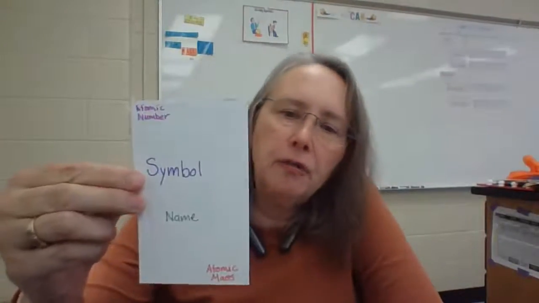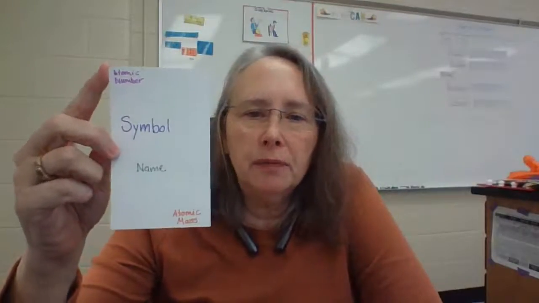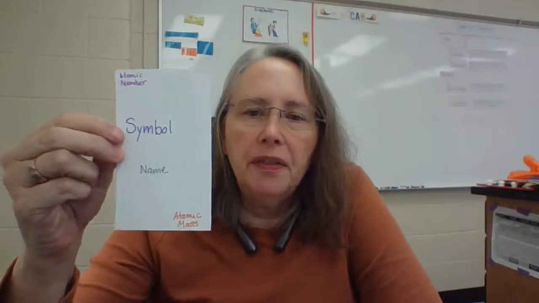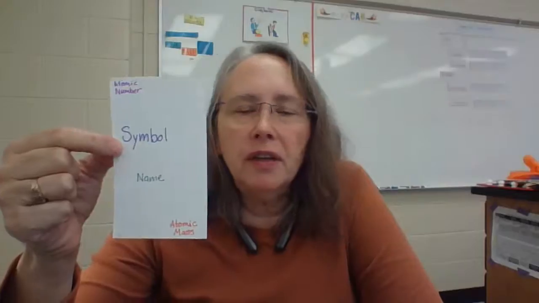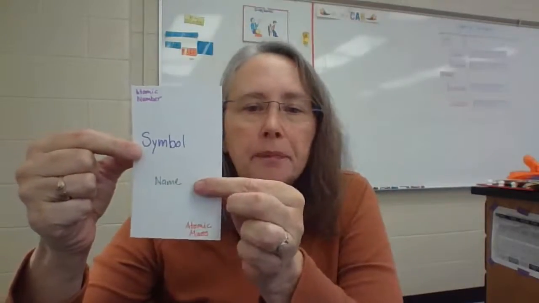they were working with atoms, and they had discovered the nucleus and the protons, and they wrote down all the information. They had the atomic number, which is the number of the protons and electrons. They gave all the elements a symbol and a name.